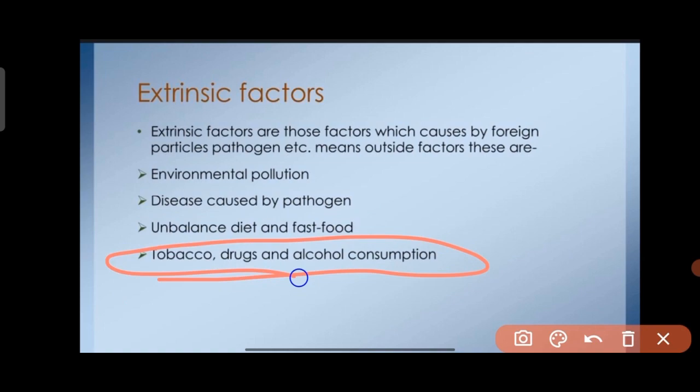Okay, so now we'll be studying which factors are affecting the health or causing disease. There are two types: intrinsic factors and extrinsic factors. Intrinsic factors are also called internal factors, and extrinsic means external, right? Just keep in mind.